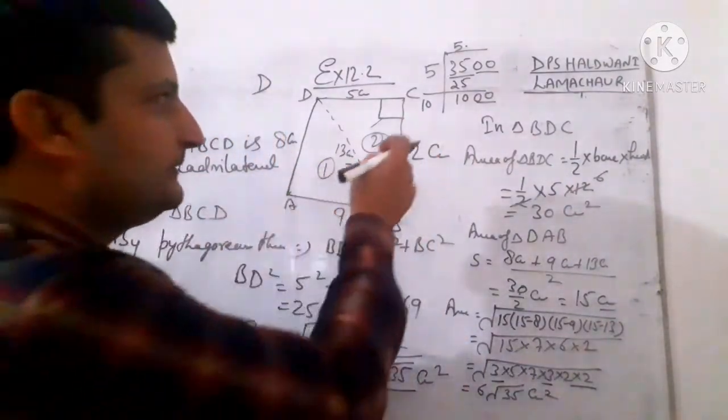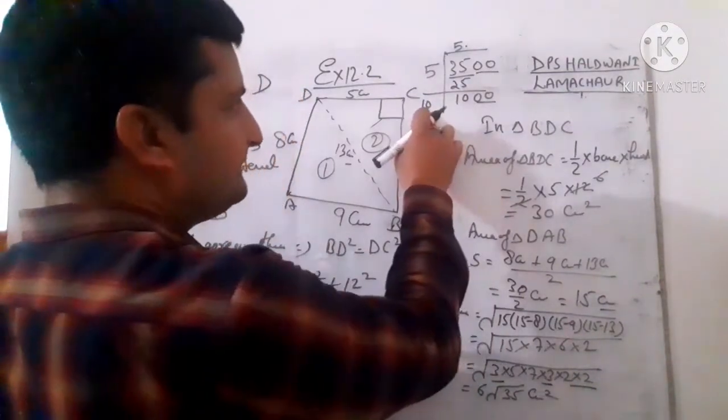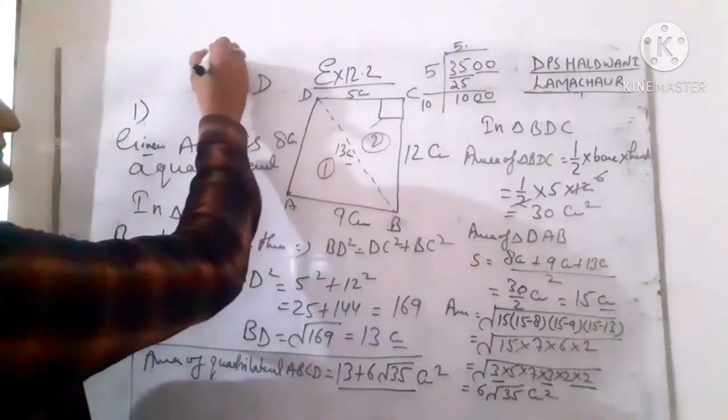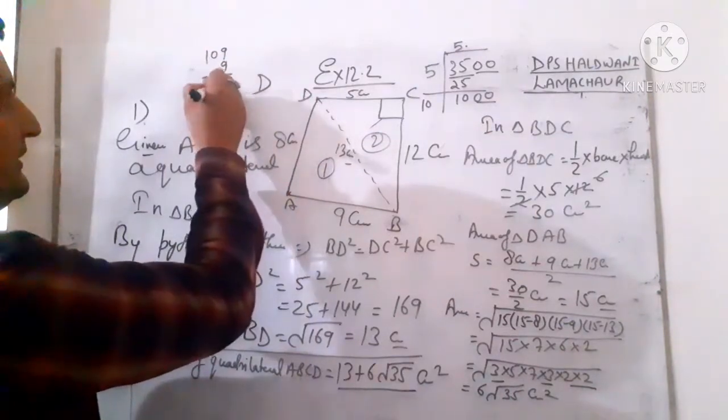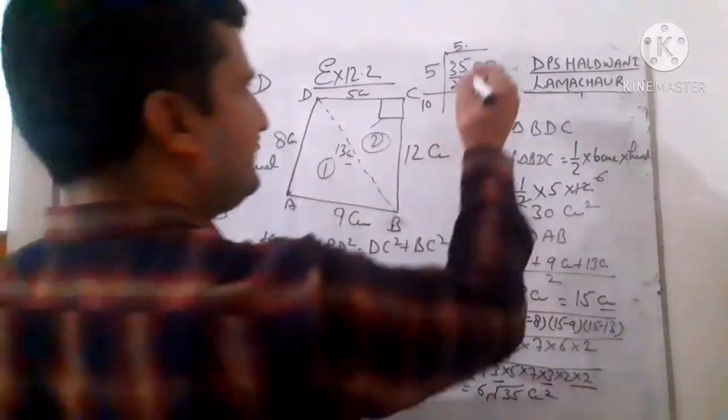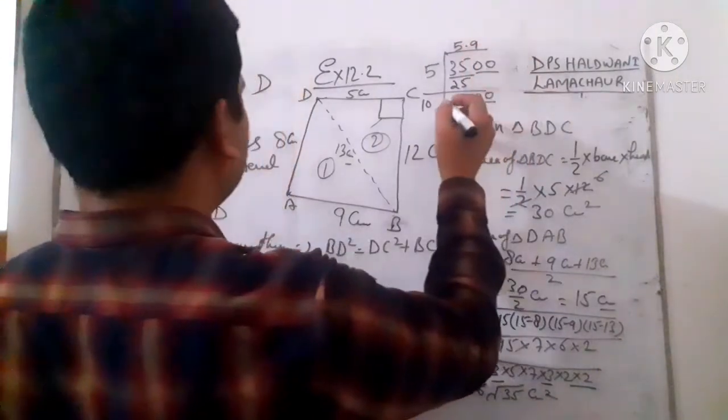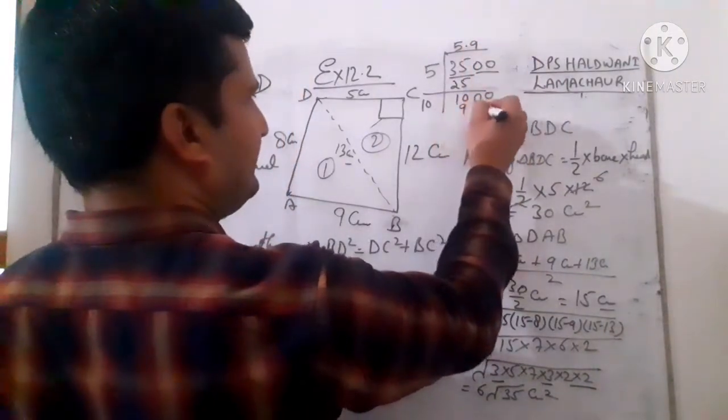So now we can write 109, 9 nines are 81. So it is coming 5.9 something. This is 981.